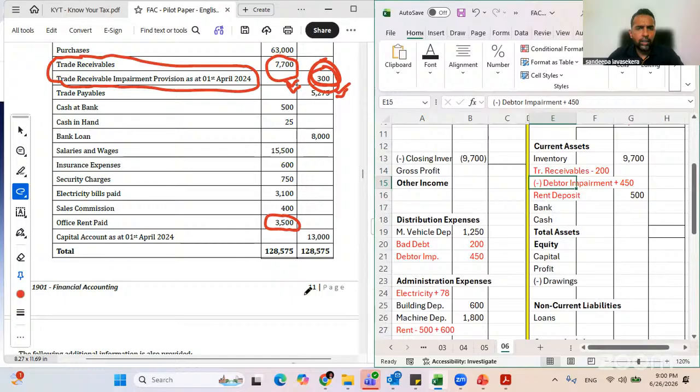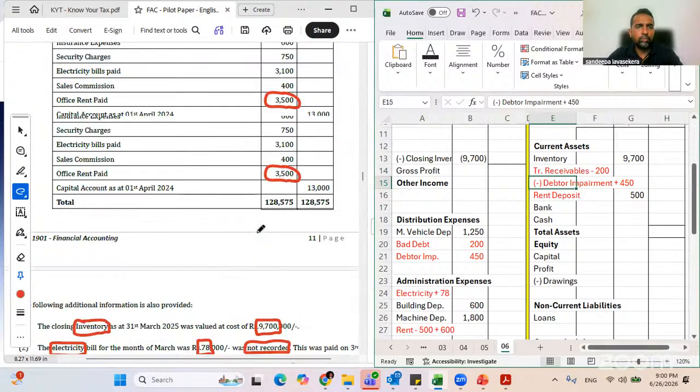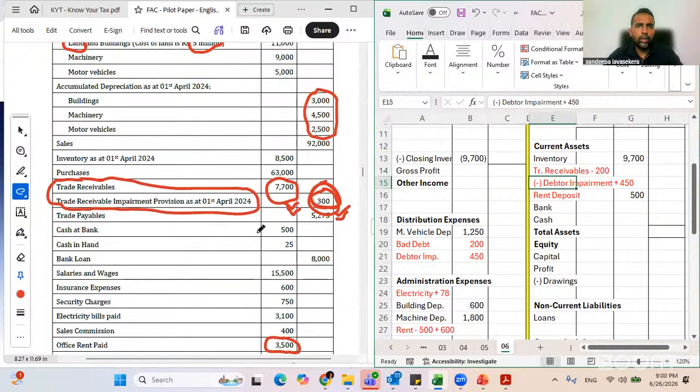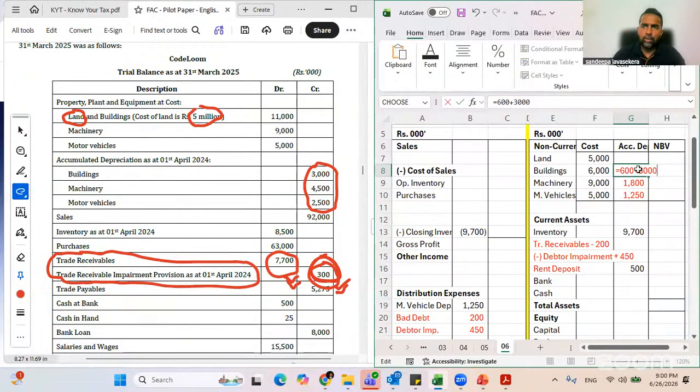Right. So you're done with all the adjustments now. So we can go to the trial balance. You can see land is 5,000, building is 6,000, machinery 9,000, motor vehicle 5,000. Accumulated depreciation, it's 3,000.